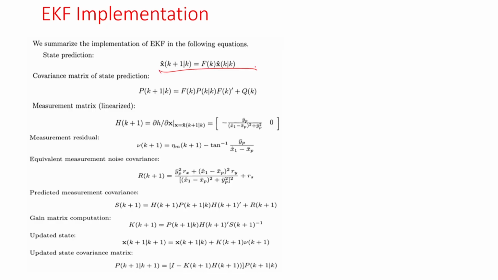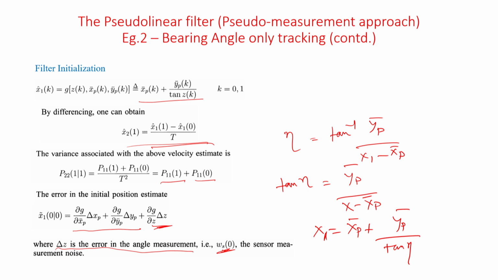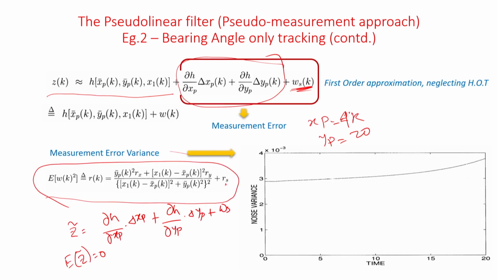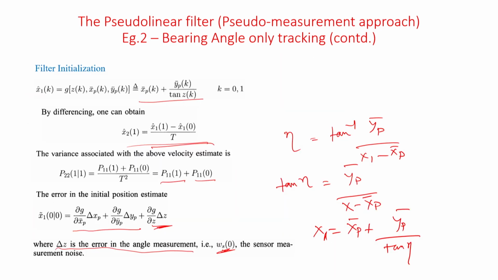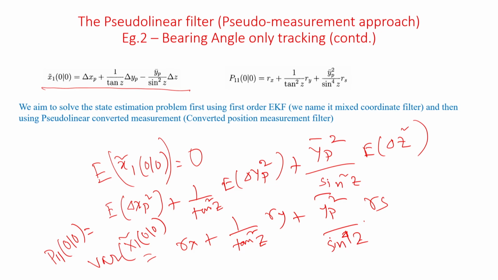State prediction you have done, covariance error prediction you have done, and for the measurement matrix you are doing some linearization of your tan inverse component. So, this is your measurement. EKF has to take the full measurement actually. Okay. This is your measurement. This you have to linearize.